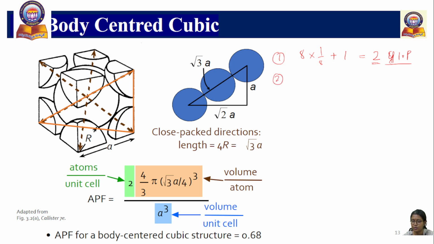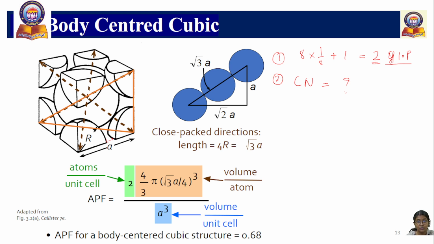Then next we will move to finding the coordination number. Coordination number, again what? Same, it is the number of nearest neighbors. Here also you can see the corner atoms are not touching each other. There is a gap between them because the body center is pushing them, right? Now all the corner atoms are touching the body center. That is visible from this diagram.